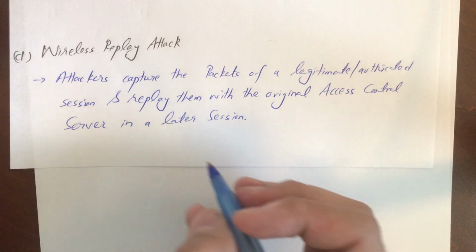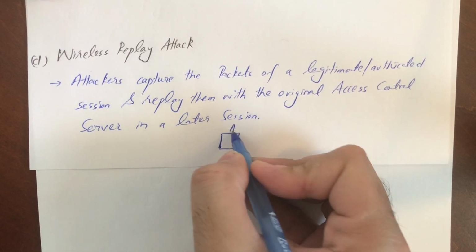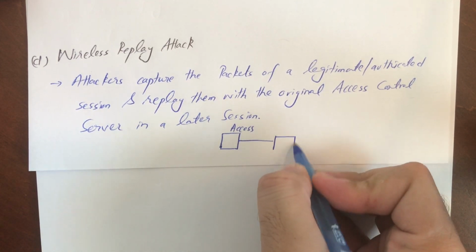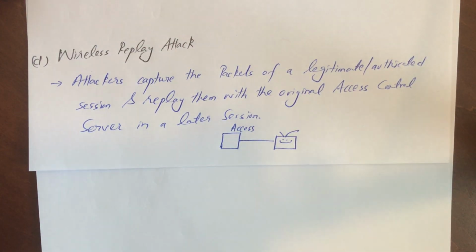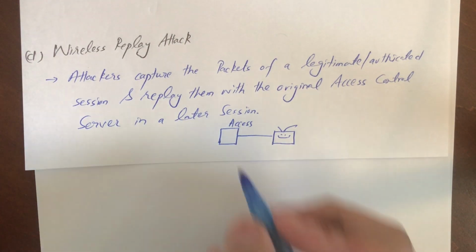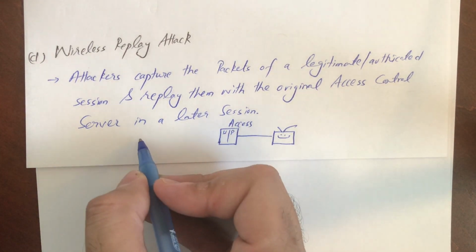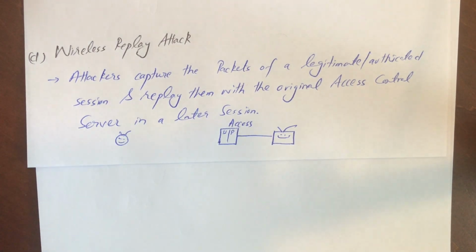Let's say, for example, this is an access control server, which controls the access to this particular asset. So let's say this is our asset, and we are trying to protect it. In an access control system, we have a username and password. Let's say this is our legitimate user.